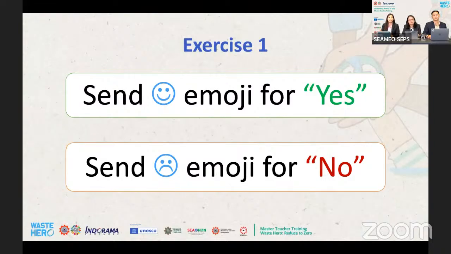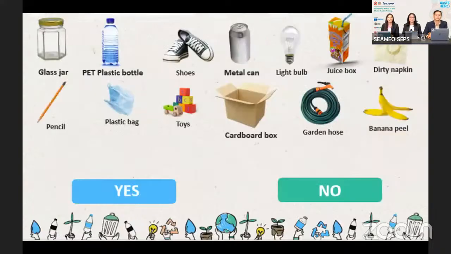But for this session, I would like you to join by sending an emoji, the smile for yes and the sad emoji for no. Next slide, please. On the handout, you will see many pictures, and you have to draw a line to show which one can be recycled and which one cannot. I'm going to go through the pictures one by one. Are you ready? Okay, I think everybody is ready.